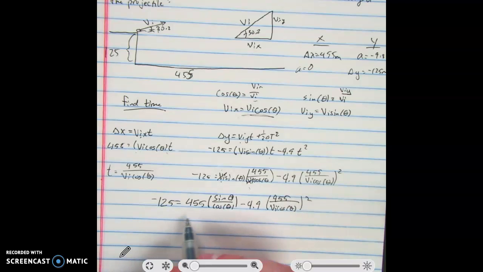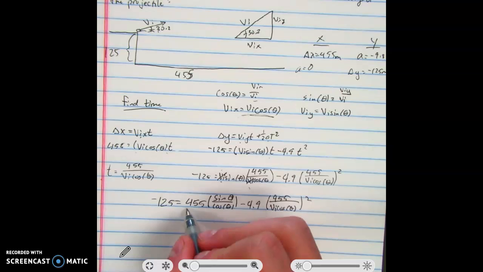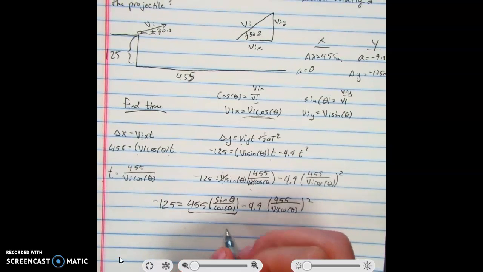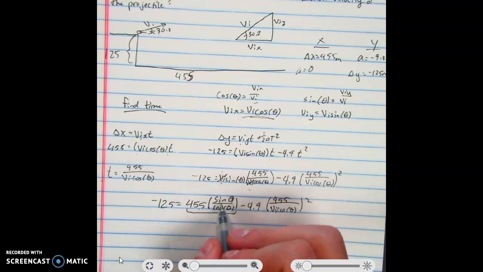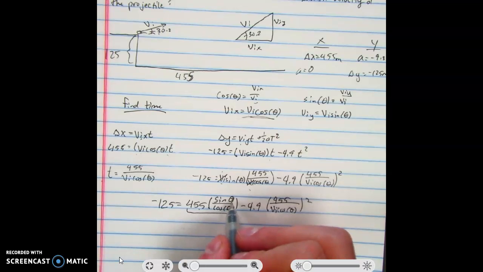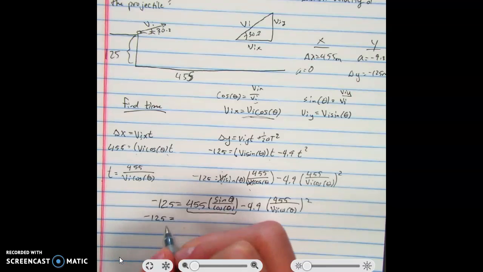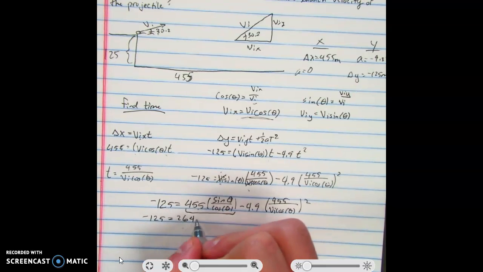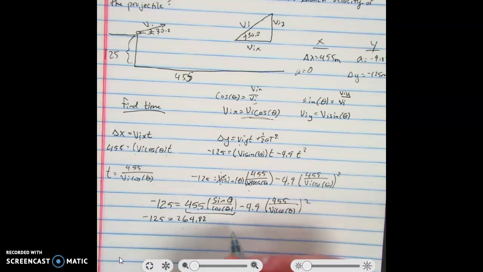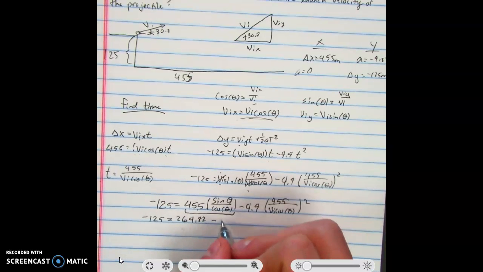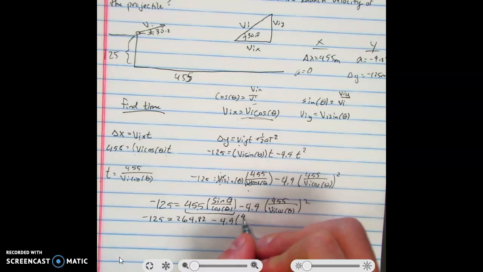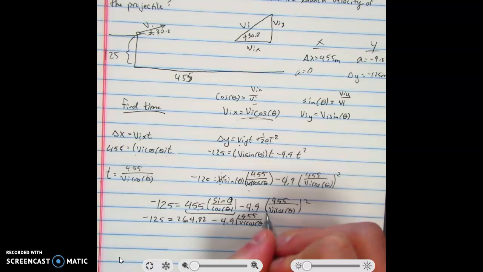So what I'm going to do first is condense this down. This is my first goal. Taking 455 times the quantity of sine of 30.2 divided by cosine of 30.2, I should get 264.82. So then I have 264.82 minus 4.9 times 455 over vi cosine theta, squared.